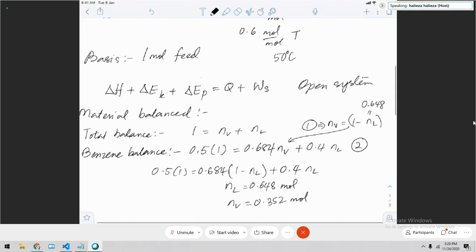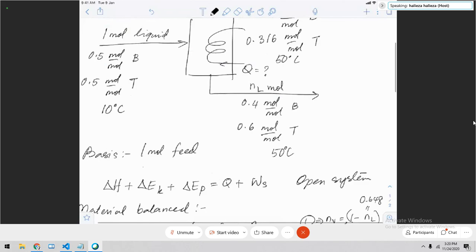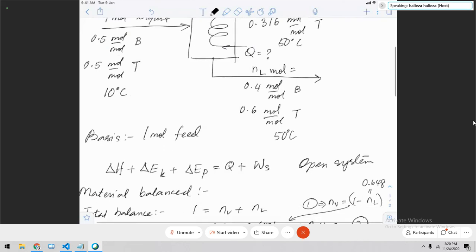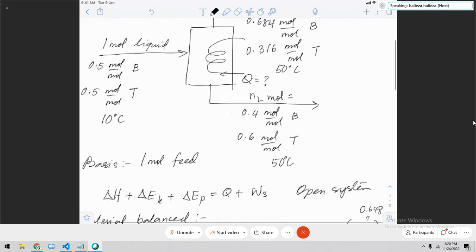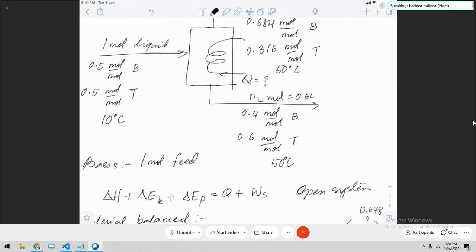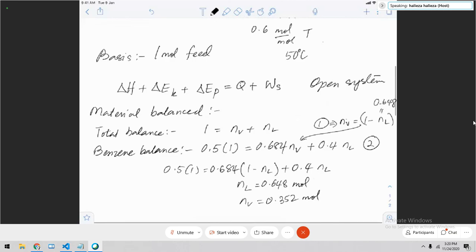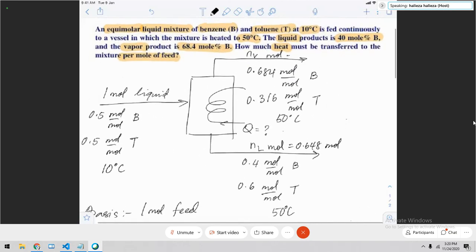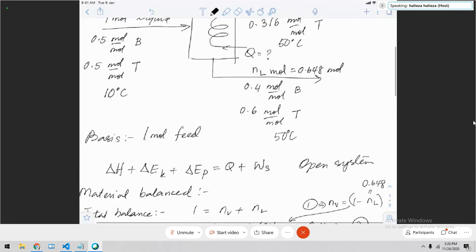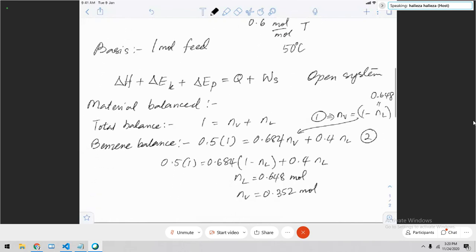So I'm going to put that inside this diagram: 0.648 mole for NL and NV 0.352 mole. Okay. Next, once you have your material balance done, you need to solve for Q using your energy balance.